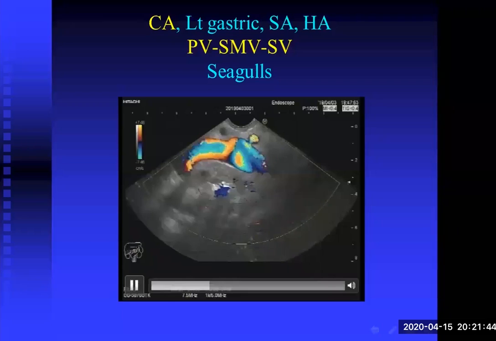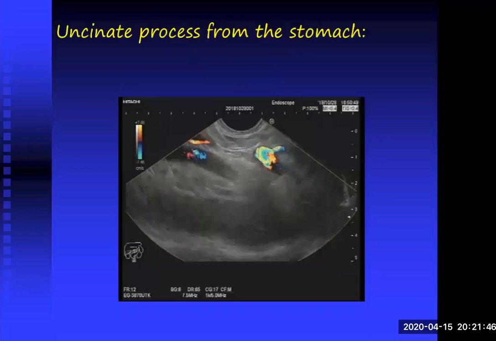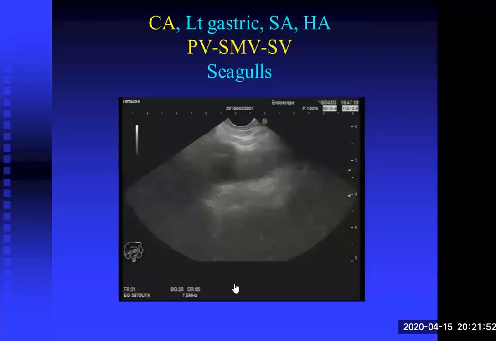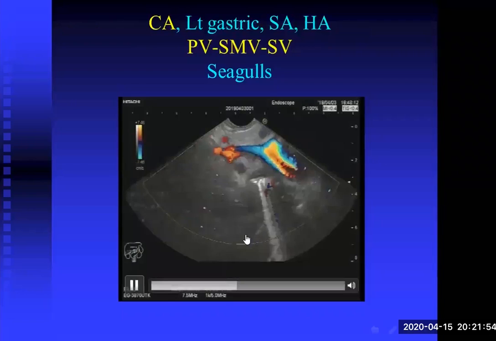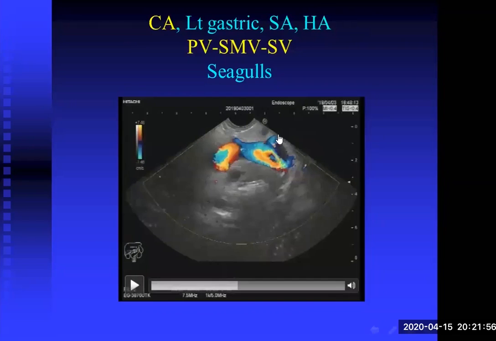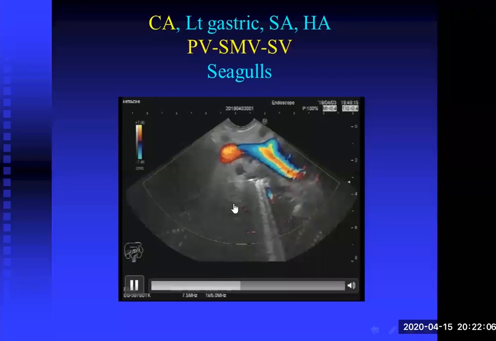And here nicely seen the third seagull, which is the splenic vein, the venous confluence, uniting with the superior mesenteric vein to form the portal vein. So these are the arterial and venous seagulls at station 4.